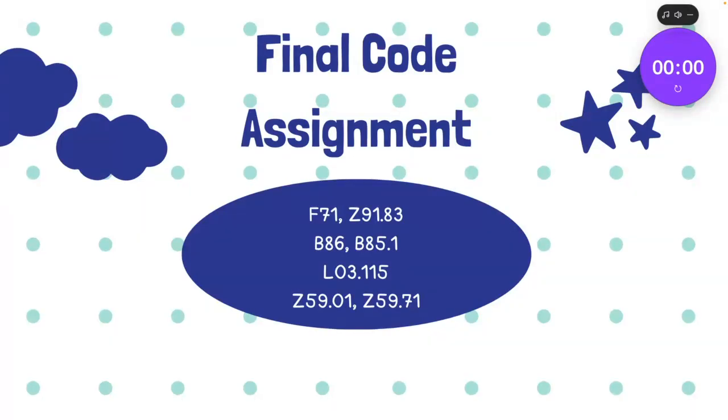And this code can be used when wandering is related to a disease or condition that's documented by the provider. So it is clinically relevant because the doctor said the patient was wandering and they had intellectual disabilities. And I believe in the tabular list, it says that the intellectual disabilities should be coded first.